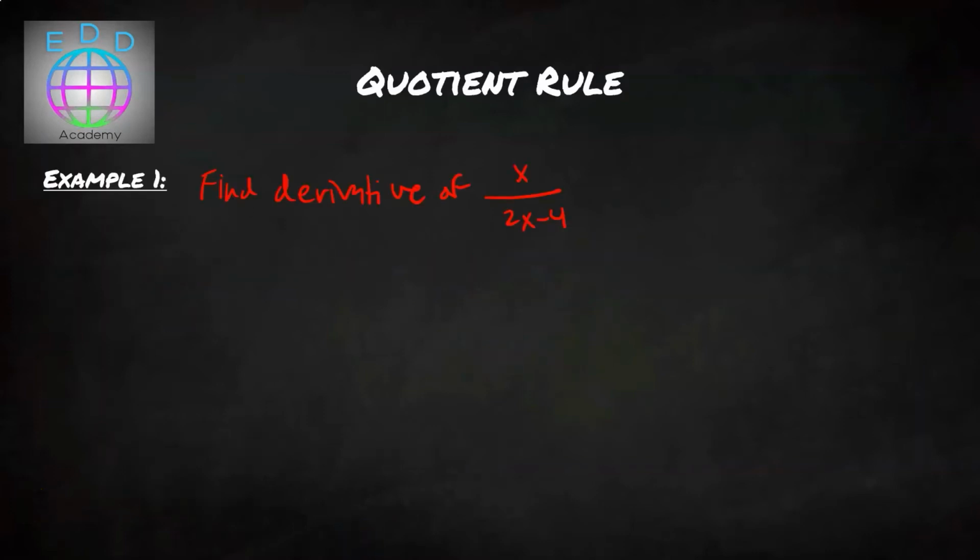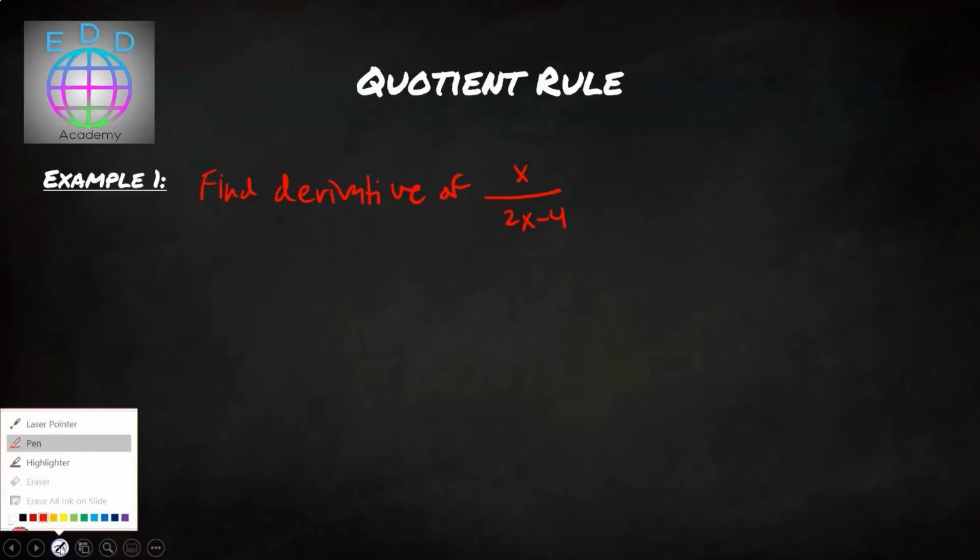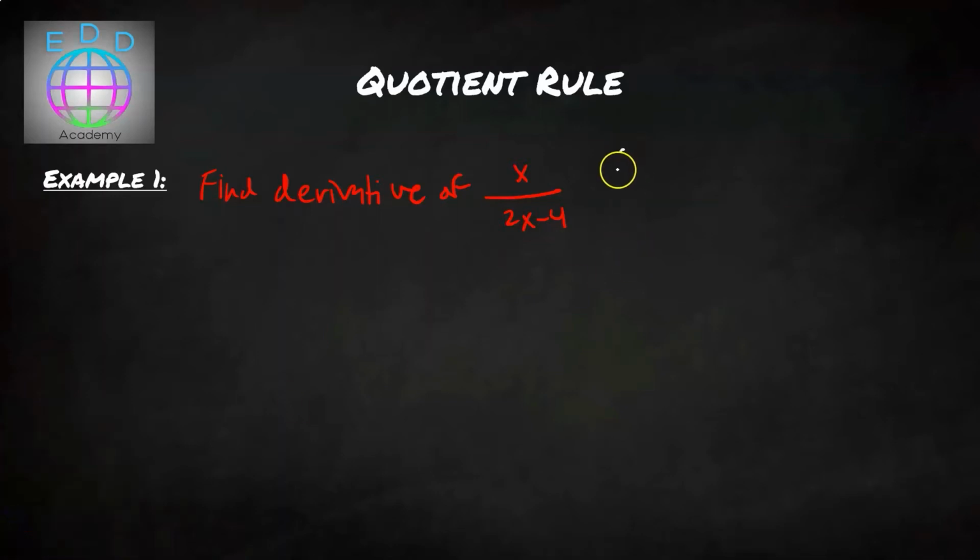So our first example reads, find the derivative of x over 2x minus 4. Clearly, this is asking us to find the derivative of the form of a quotient, or f of x over g of x, like we saw in the last example.